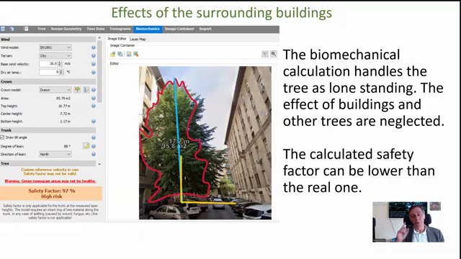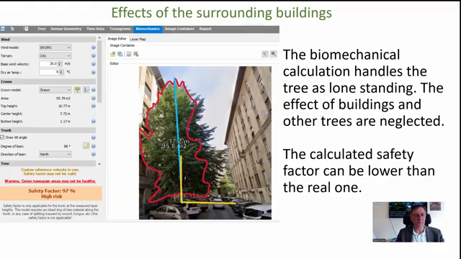But he looked around and realized that in this narrow street, big wind can never enter. That's why even with this low safety factor, he let the tree grow, because of his experience. For this reason, I can tell you that the safety factor in an urban situation is always more pessimistic than the real one.